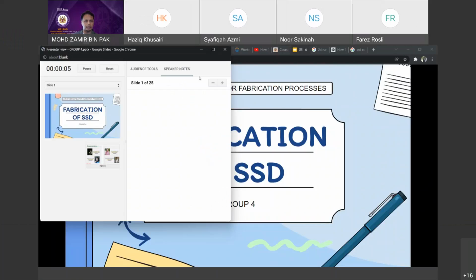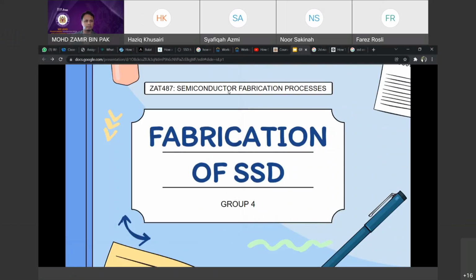I can also see the pop-up window on the left. It has to be minimized. The square box on the slides. Okay, good. So everyone's here, right? I can see Ahadia, Akida, Alia, and Izati. Okay, Izati is here. Right, you may start. 20 minutes and then we're gonna proceed with Q&A.